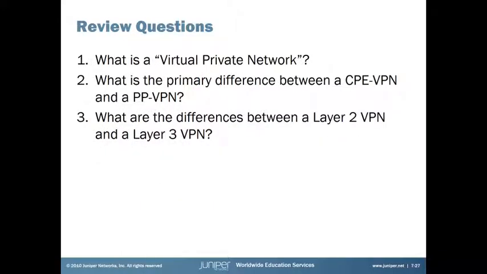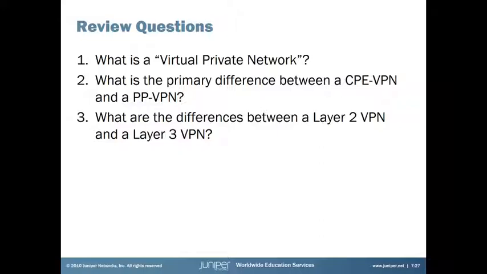Okay, so basically that's what we're going to look at there. What is a virtual private network? Well, we know what that is: a private network across a private connection over a public network or a shared access network. The difference between a CPE VPN and a provider-provisioned VPN is that the provider is involved in the process with the provider-provisioned VPN.